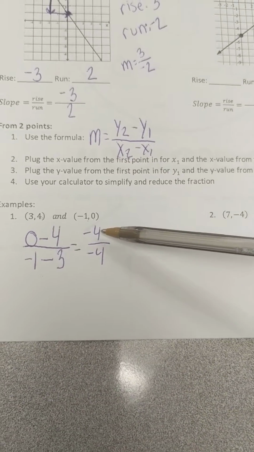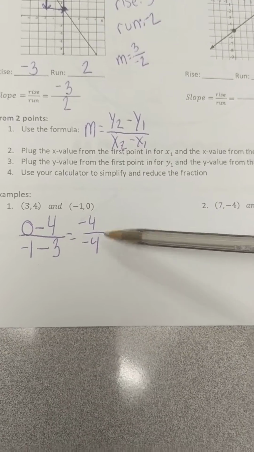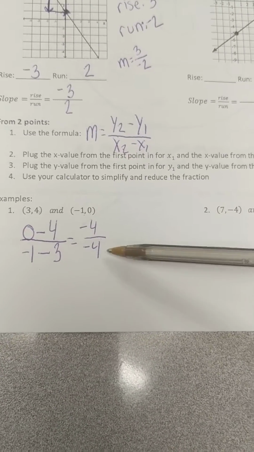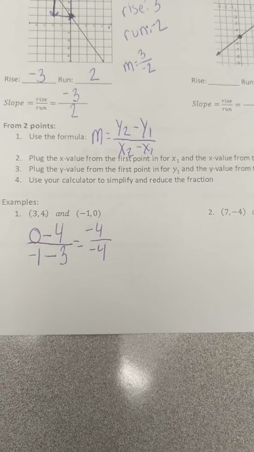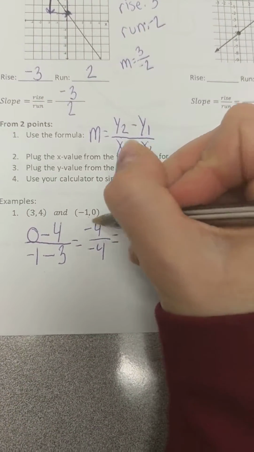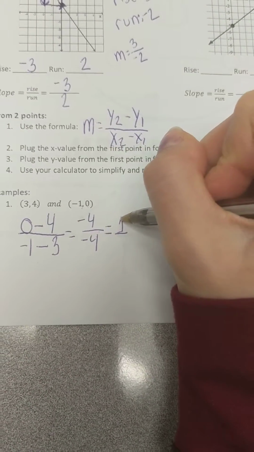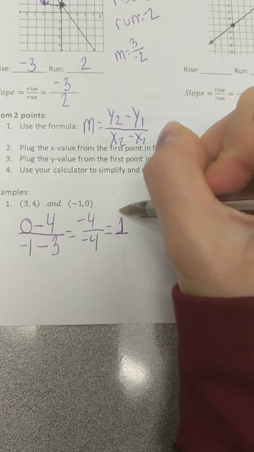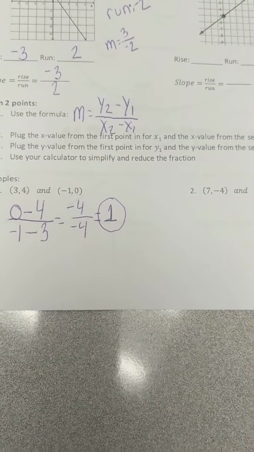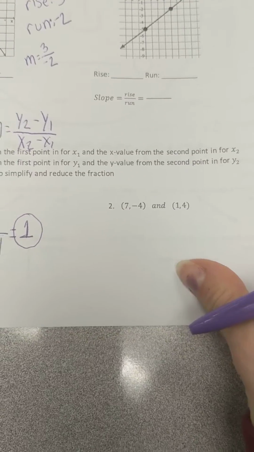So you should always start by seeing if you can do negative 4 divided by negative 4. See if it can actually divide nicely. But if it can't, then reduce your fraction. Remember, Desmos would help you do that. So negative 4 divided by negative 4. Well, 2 negatives make a positive, and 4 divided by 4 is 1. So our slope is 1. Okay, now you're going to pause the video again and try the second one, and then check it with a key.